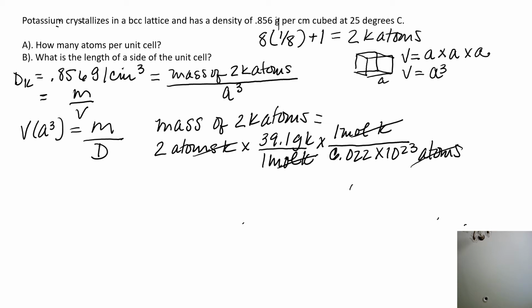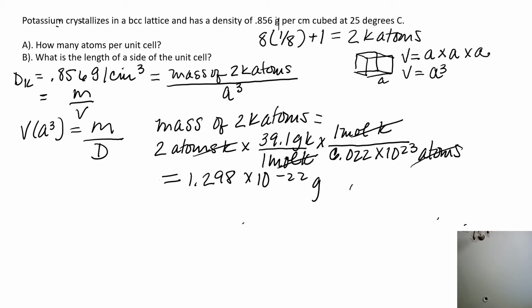And that mass equals 1.298 times 10 to the negative 22 grams. So that equals the mass of 2 potassium atoms.